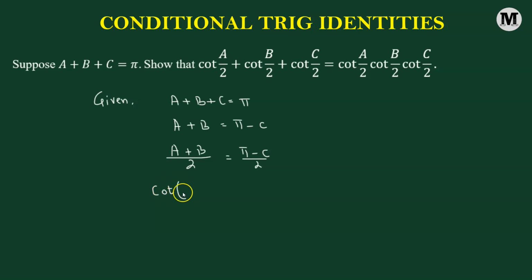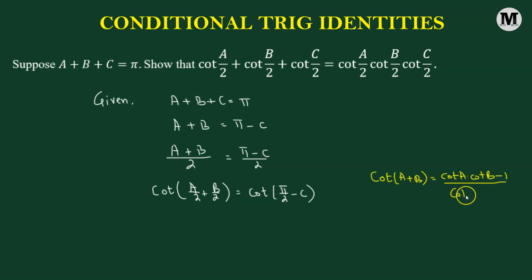Now we know that cotangent of a over 2 plus b over 2 is going to be equal to cotangent of pi over 2 minus c over 2. Fine. Now we're going to expand the cotangent of the compound angle a over 2 plus b over 2 by taking the help of the formula. If we have cotangent of a added to b, that can also be expressed as cotangent of a multiplied by cotangent of b minus 1, whole divided by cotangent of a added to cotangent of b.